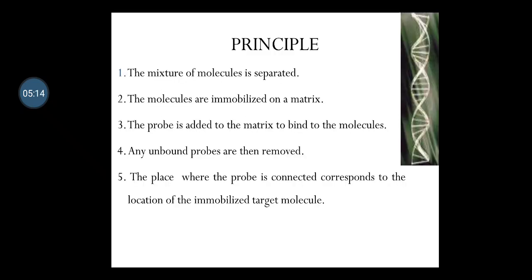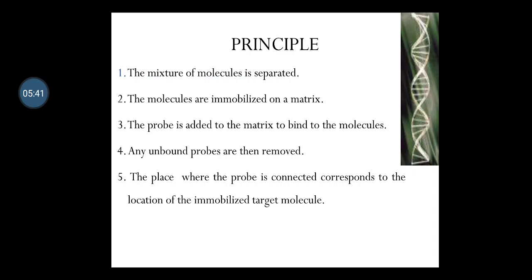The principle behind Southern blotting is that the mixture of molecules is separated and the molecules are immobilized on a matrix. The probe is added to the matrix to bind to the molecule, and any unbound probe is then removed. The place where the probe is connected corresponds to the location of the immobilized target molecule.